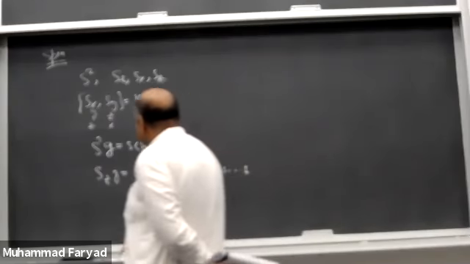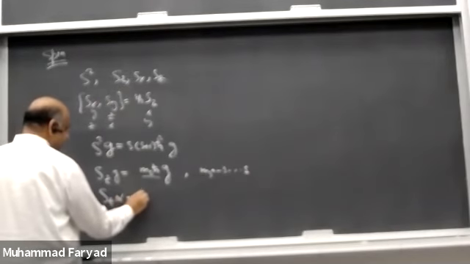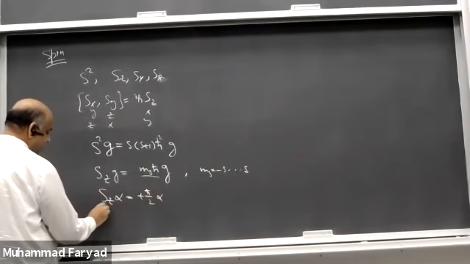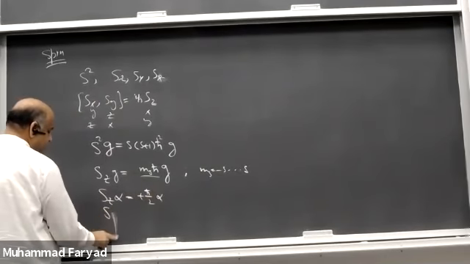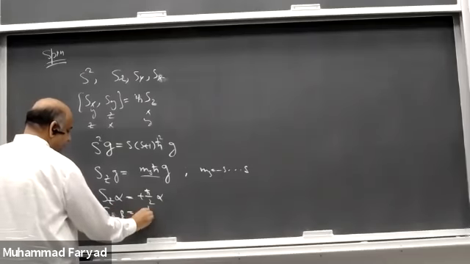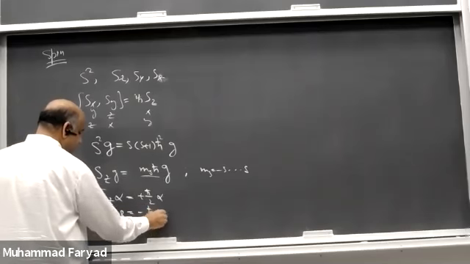Let's say alpha satisfies this equation, that this is for plus half, and let's say there's an eigenfunction beta, which is an eigenfunction of Sz with eigenvalue minus h bar by half.